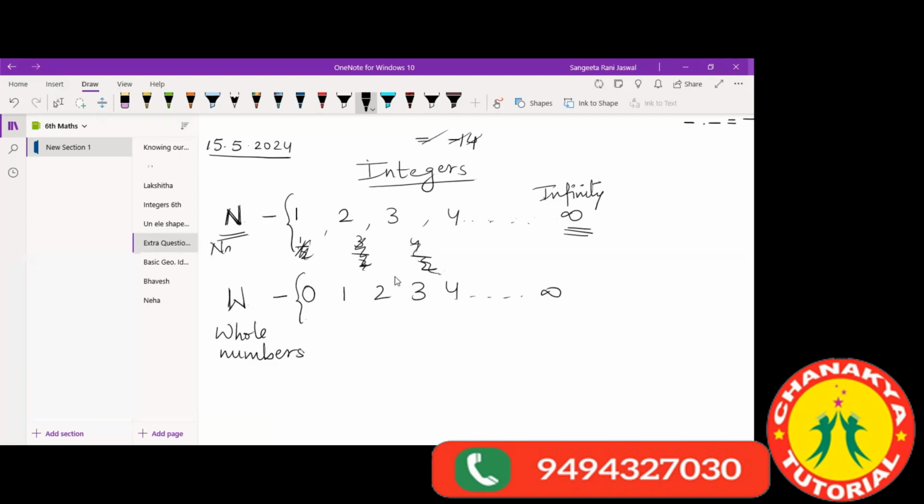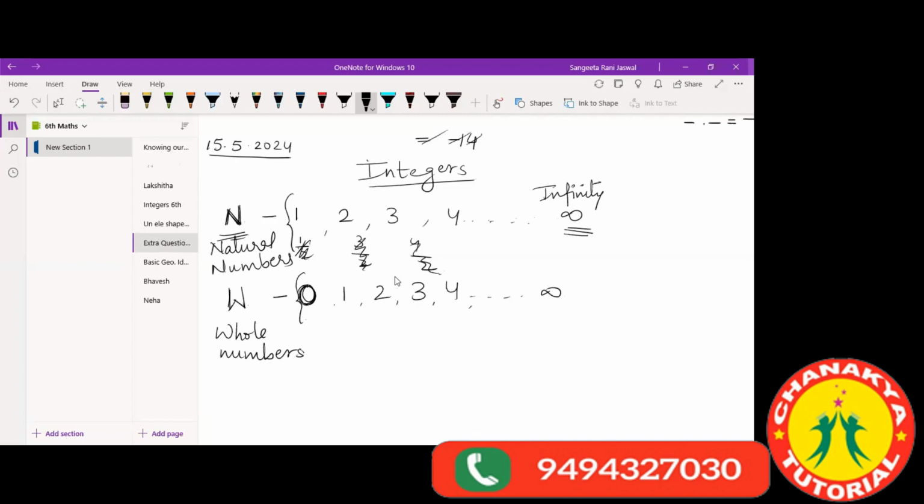N was the set of natural numbers. W is the set of whole numbers. And it becomes whole numbers only when we add 0 to it.